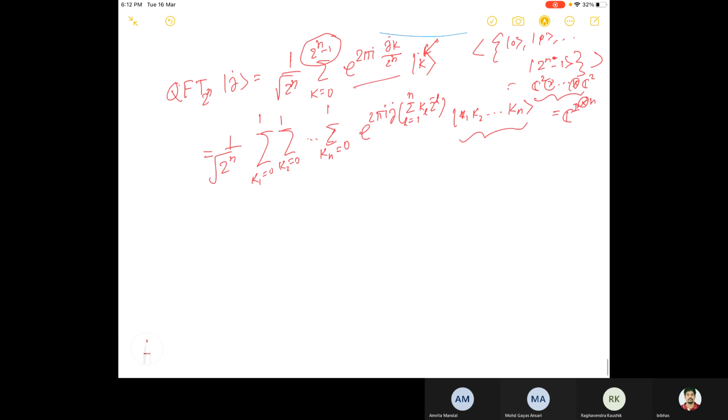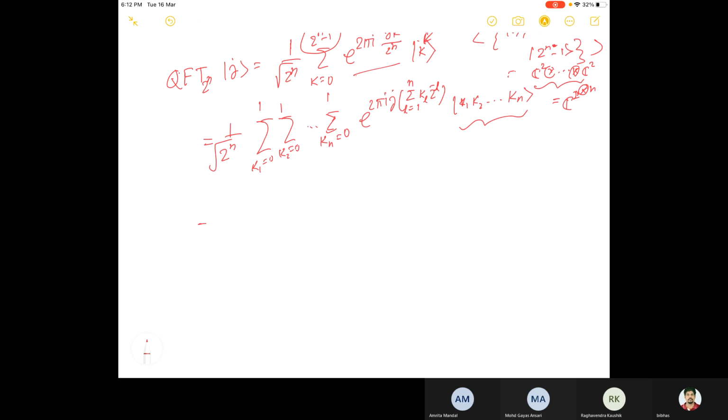So then this becomes ultimately 1 by square root of 2 to the power n, sum over k1 equal to 0 to 1, k2 equal to 0 to 1, dot dot dot, sum over kn equal to 0 to 1. And then this can be written as a product because I want to split this out, in terms of k1, k2, kn, with e to the power 2 pi i j kl 2 to the power minus l.